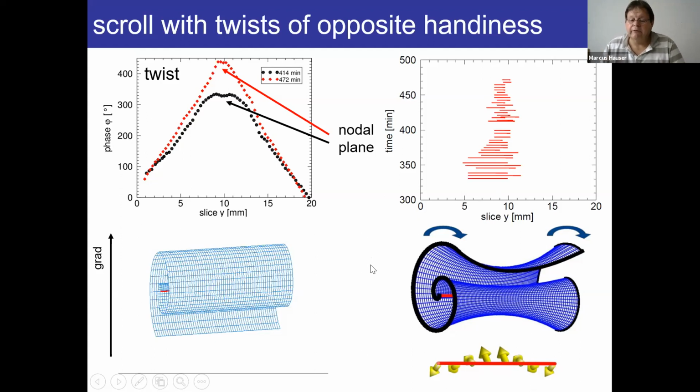So it's possible to get filaments with two twists which have opposite handedness, which are connected by a nodal plane which has a minimal length, which is related to the negative line tension which we have.